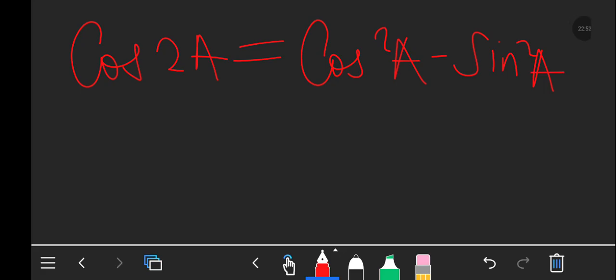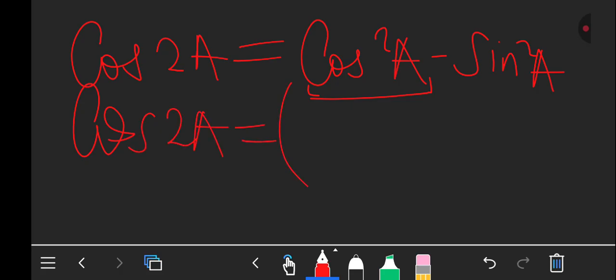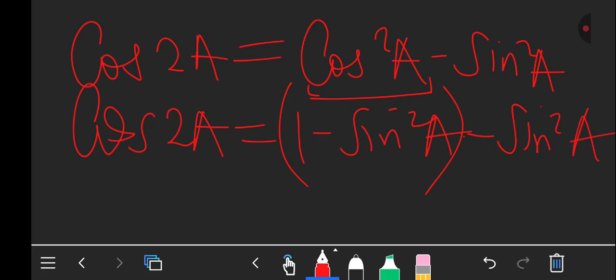We are going to take this cos squared a out of this equation. We can just substitute 1 minus sine squared a. So you can say cos 2a will be equal to, where there is cos squared a, we substitute 1 minus sine squared a, then across brackets, then minus sine squared a.